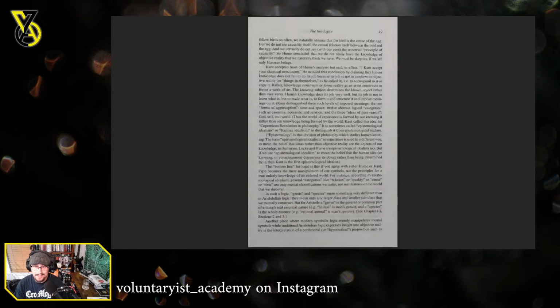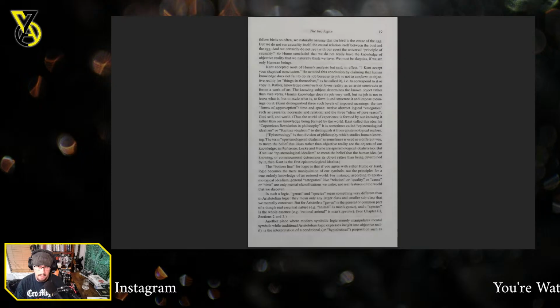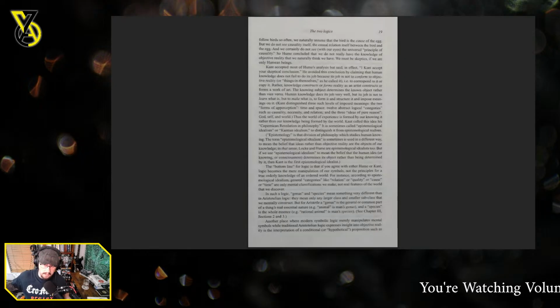And we certainly do not see, with our eyes, the universal, quote-unquote, principle of causality. So Hume concluded that we do not really have the knowledge of objective reality that we naturally think we have. We must be skeptics if we are only human beings.